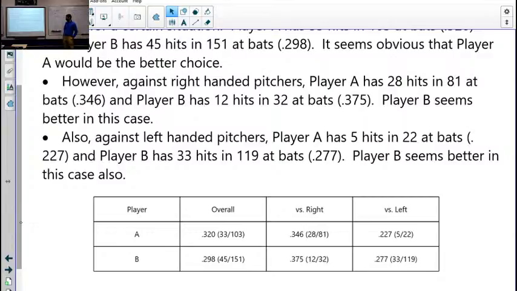So you might have them facing both. So based on these percentages, who would you want to start and why? You thinking about that? And you should notice something going on. This is a paradox called Simpson's paradox that has to do with these proportions.